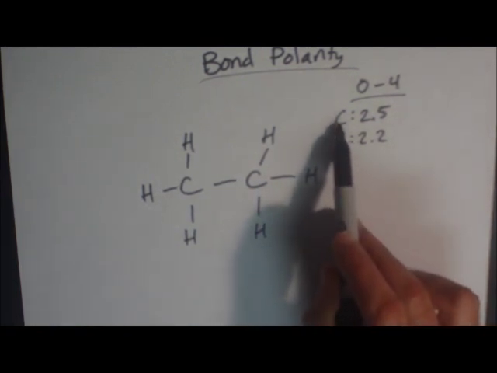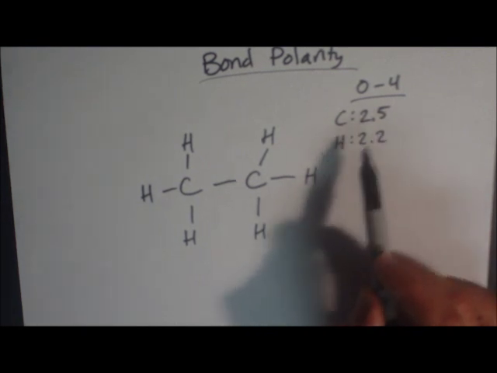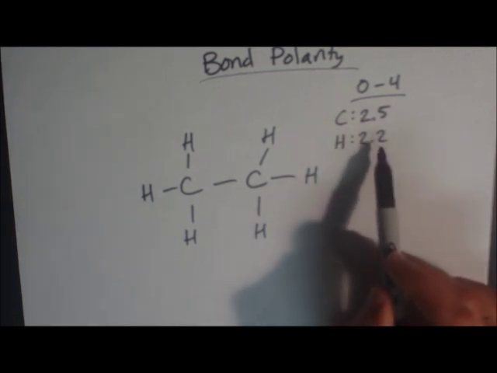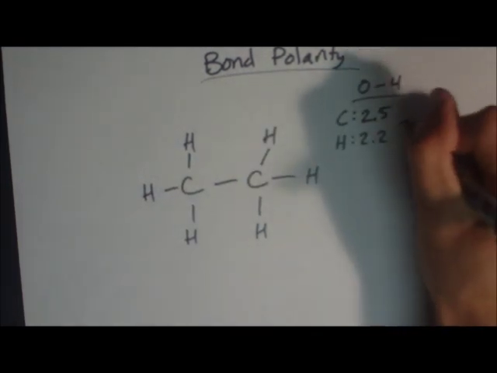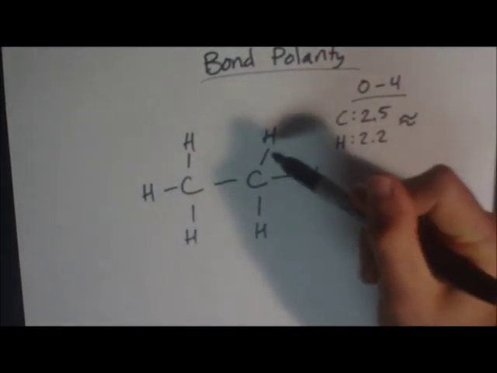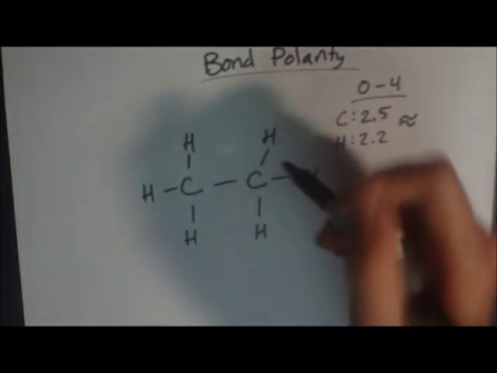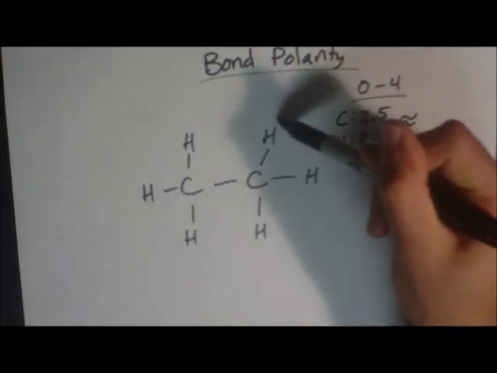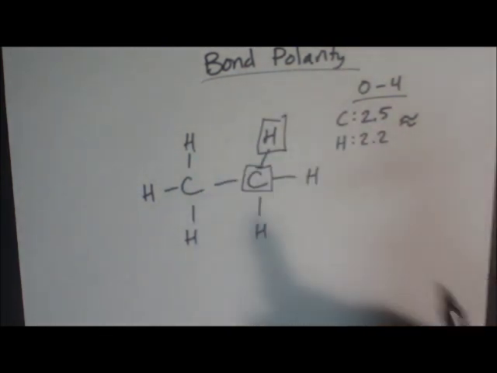With carbon and hydrogen at about 2.5 and 2.2, we're going to call that about equal. So the bond between hydrogen and carbon, the electronegativities are about the same. The hydrogen wants to keep its electrons just about as much as this carbon does.